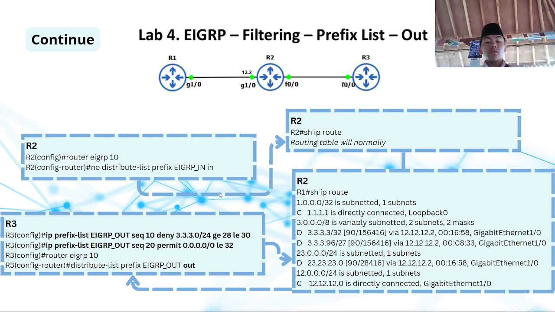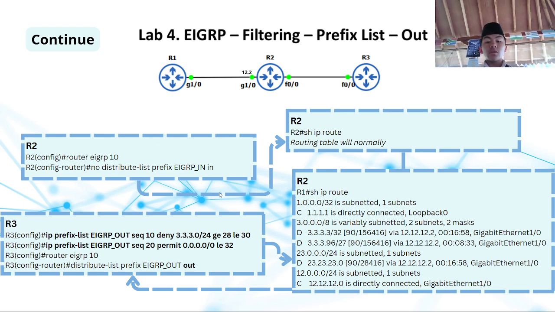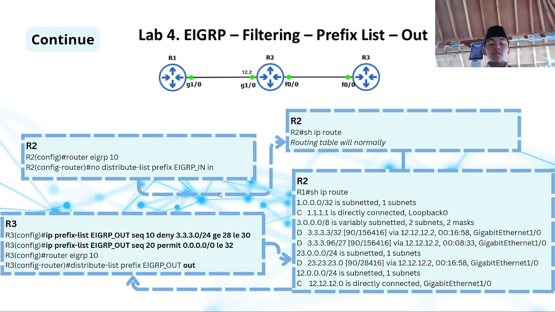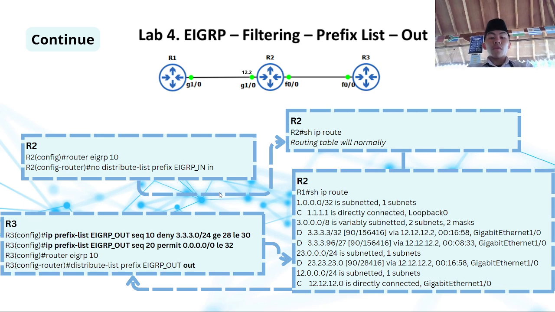The first line denies all subnets of the network 33.3.3.0/24 that have a subnet mask between prefix 28 and 30. The second line permits all other prefixes.